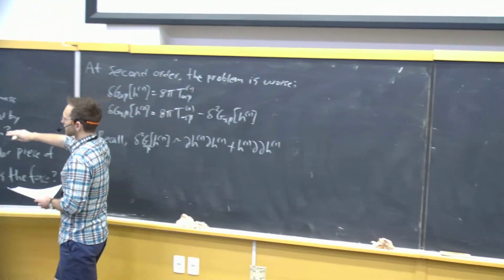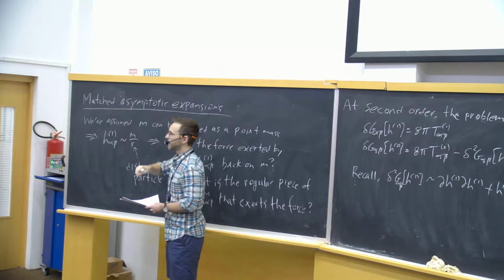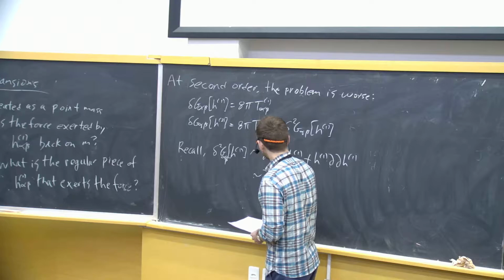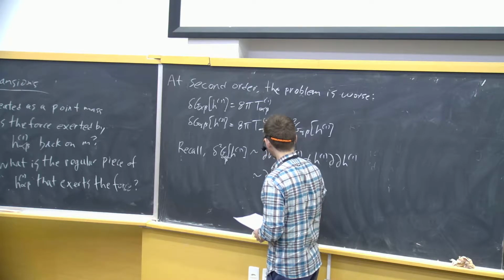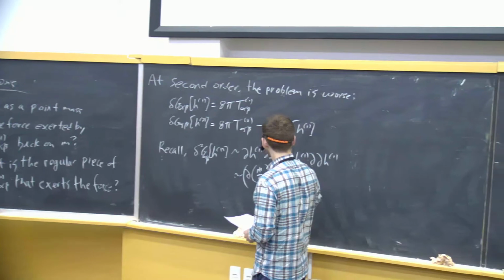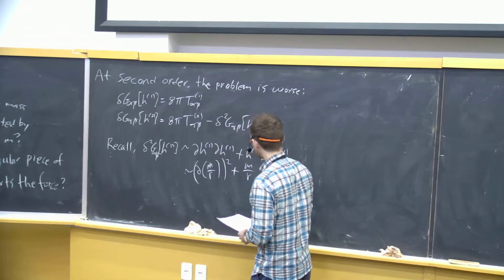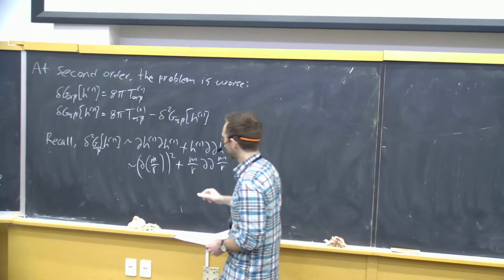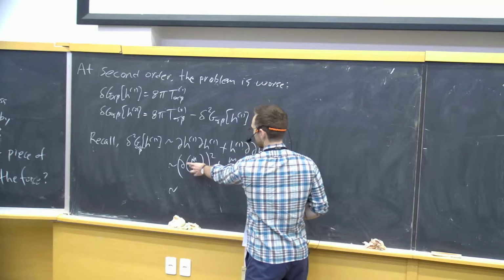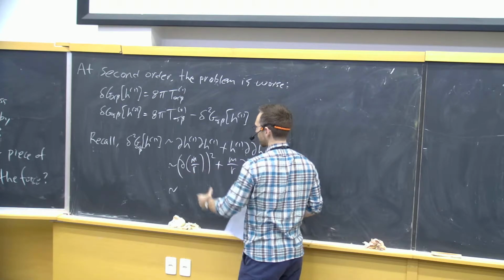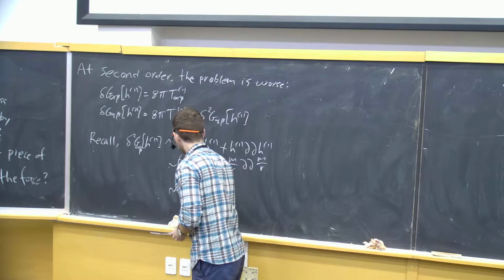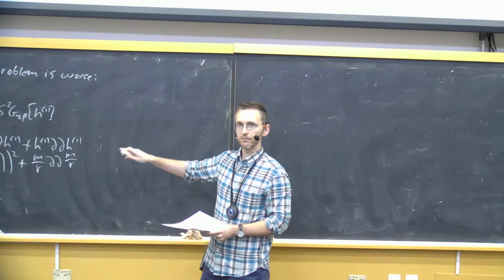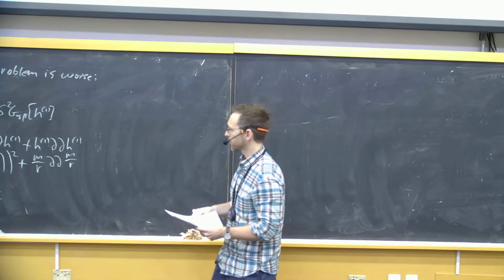So if we put in this point particle solution, then we have gradient of 1 over r all squared plus 1 over r times second derivative of 1 over r. This derivative becomes 1 over r squared, and then you square it. So you've got m squared over r to the fourth. So this diverges very, very strongly at the particle's position.